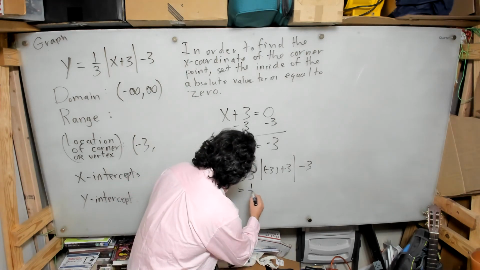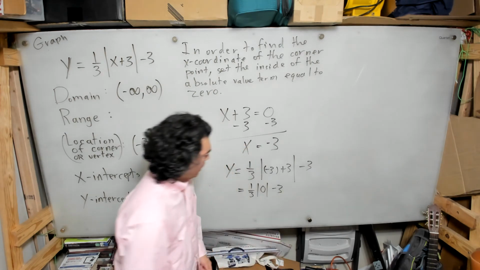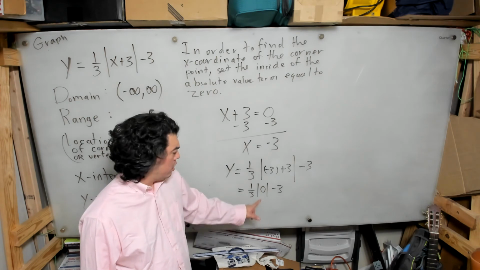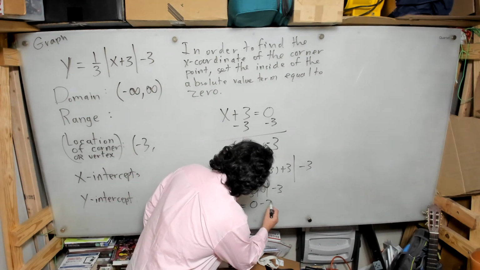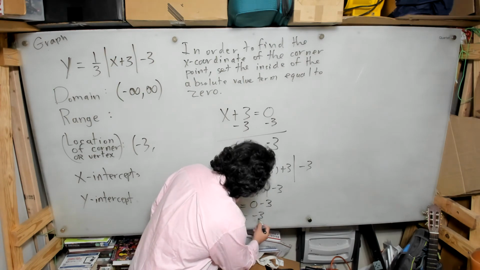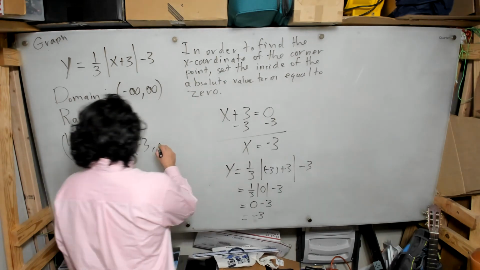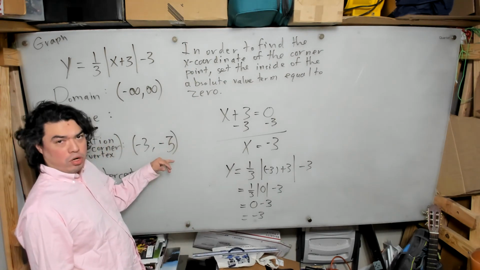So this will be 1/3 times the absolute value of 0 minus 3. What is the absolute value of 0? 0. 0 times 1/3, that's 0. So this will be 0 minus 3, or in other words, negative 3. So now I have my corner point.